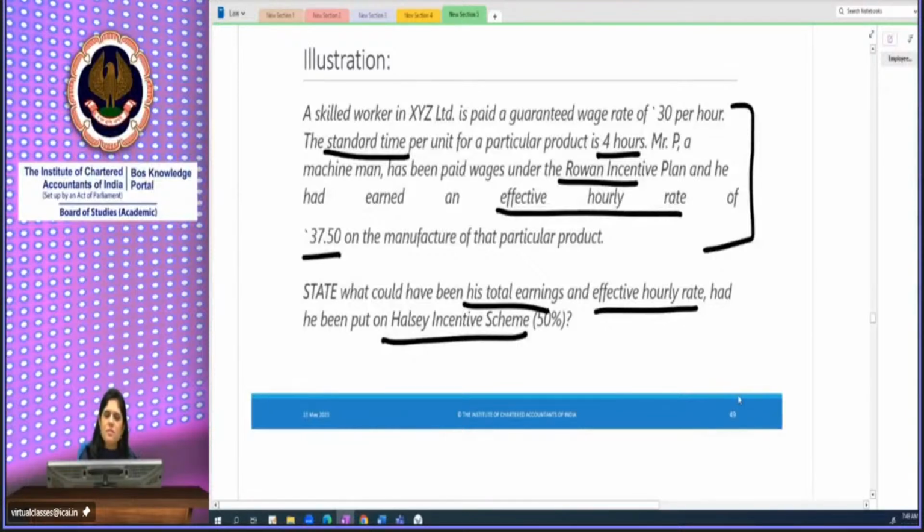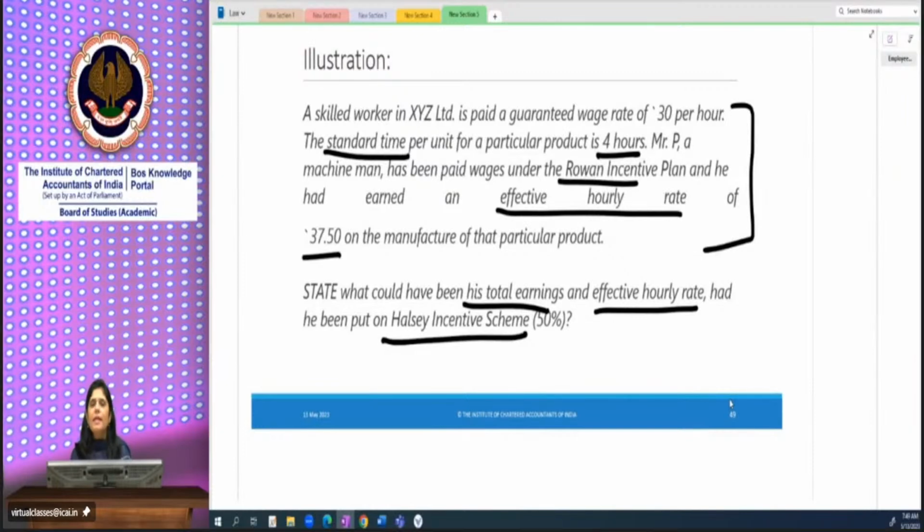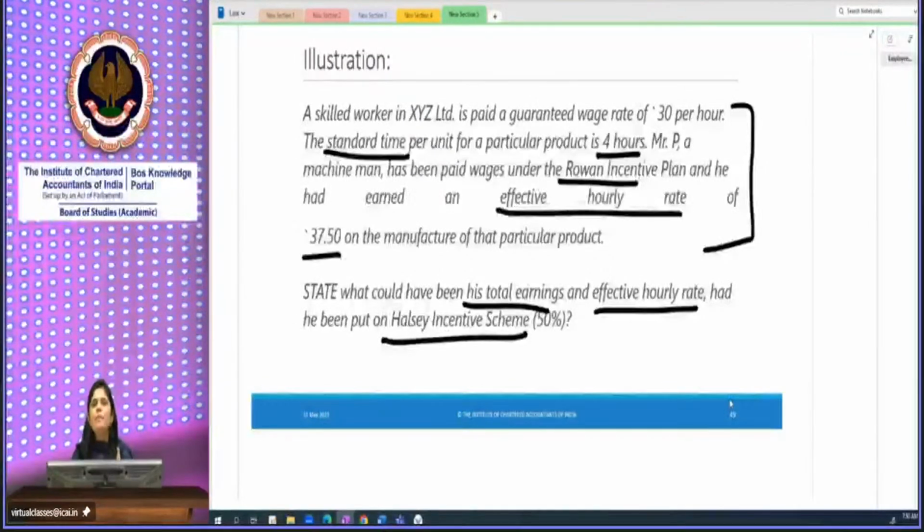First we have to clearly see whether everything is given or not. Rate per hour is given, standard time is given, that means time allowed is given. You have to see what information is given. Under a bonus plan you need three pieces of information: time allowed, time taken, and rate per hour. I'm repeating.